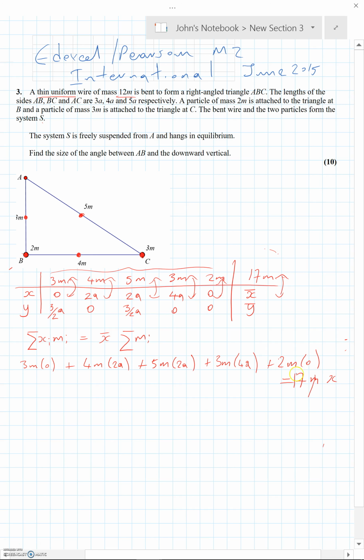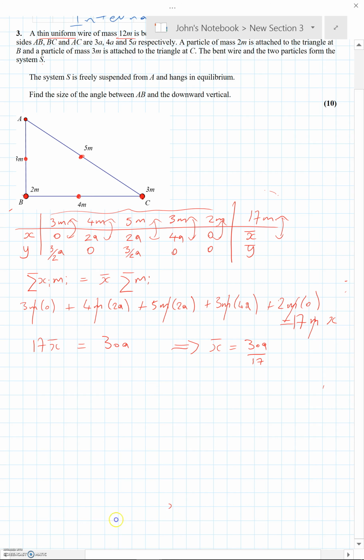We can see obviously that the m's cancel. Okay, working that all out, when we multiply all these out, we end up with 17x bar is equal to 30a. So that obviously means that our x bar is equal to 30a over 17.